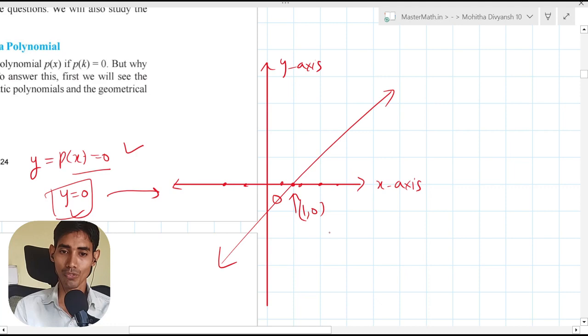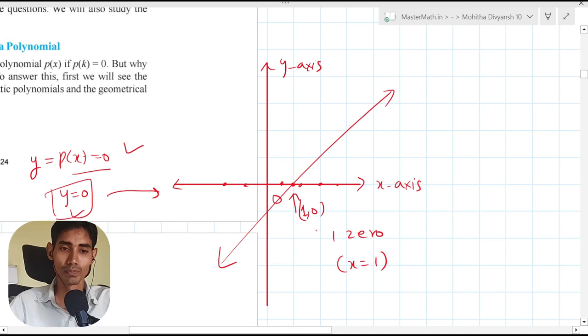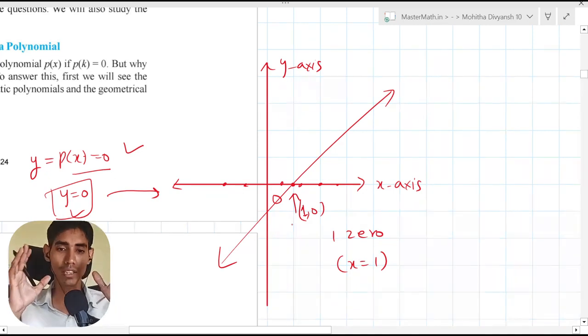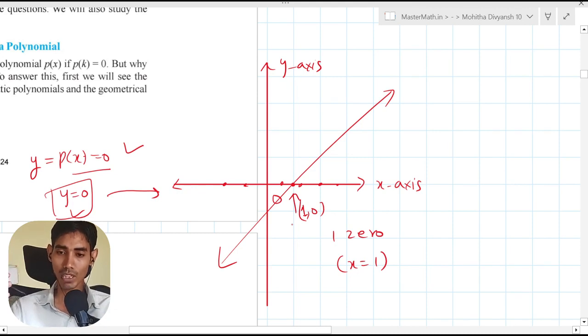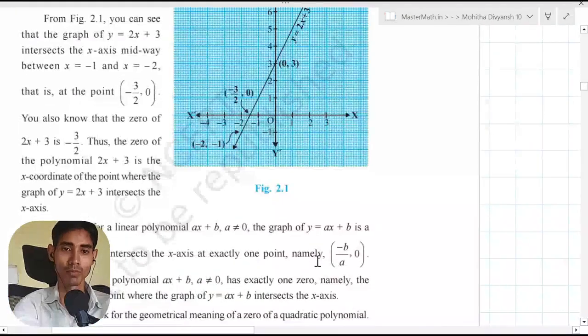Alright. So we have one zero for this polynomial, and the value of that zero is x equal to 1. We can just check whatever the x value is corresponding to y equal to 0. So the thing was, wherever the curve cuts the x-axis, that many zeros are there for that particular polynomial.